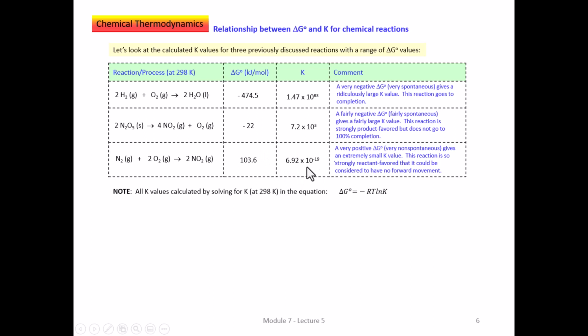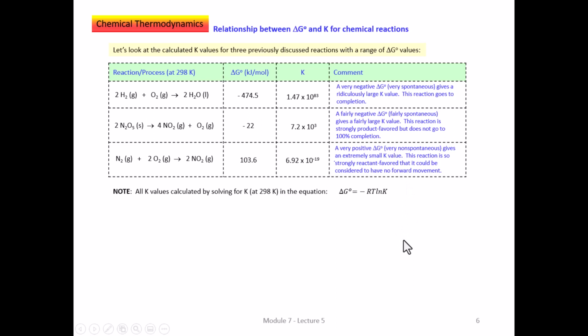This reaction is so strongly reactant favored, you can see that from the K value, it could be considered to have no forward movement at all. If you mix nitrogen and oxygen at 298 under standard conditions, you essentially get no reaction because the equilibrium constant is just ridiculously small.